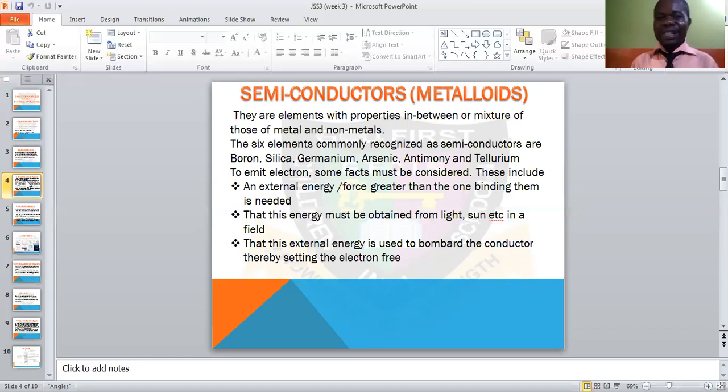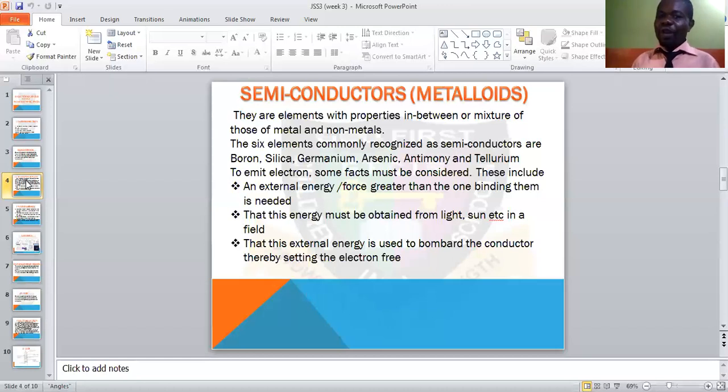That is in between. You know what non-conductors, or non-metals, are. The non-metals do not conduct electricity. That's one of the properties we have discussed, metals and non-metals, in first and second term.